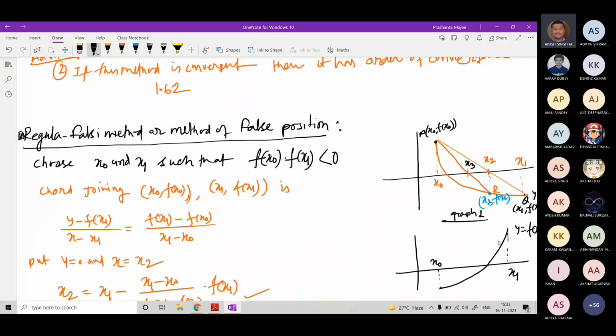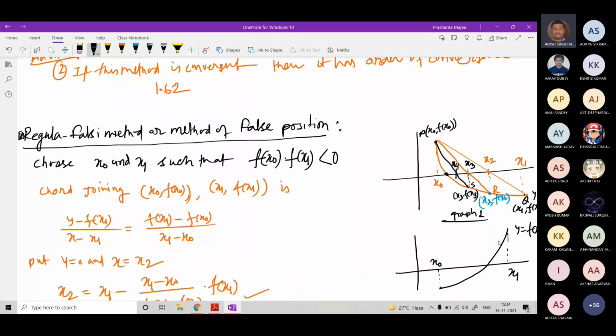So the same thing you will do. You will consider the next point S, whose coordinate is x3 comma f of x3, and draw a chord joining these 2 points. That chord is going to cut the x-axis at some point. We'll call it x4. Now look at x2, x3, x4. Are they moving towards the root? Here the root is alpha, the dotted point.